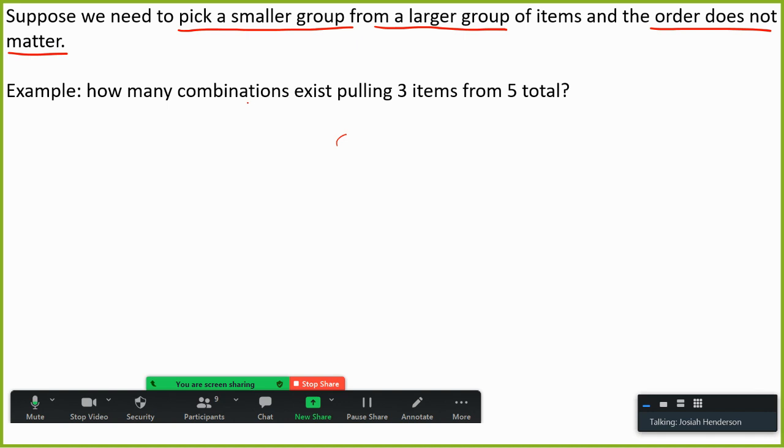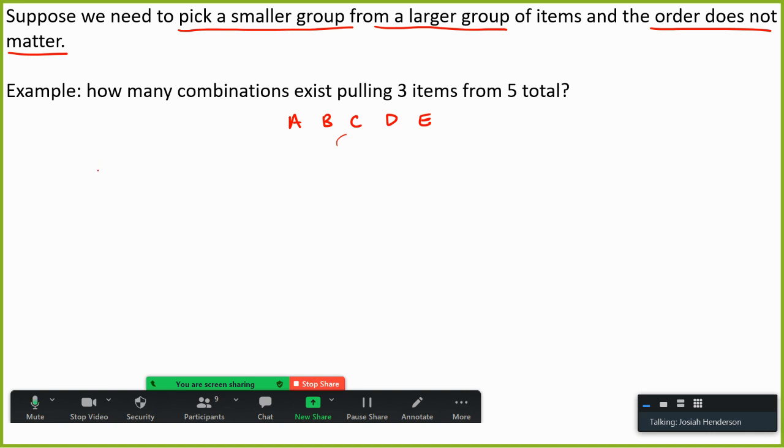Again, I want to just use our letters as our items to pick from. So in the total items of 5, we've got A, B, C, D, and E. But now the order doesn't matter. So for example, we're picking groups of 3 from this 5.